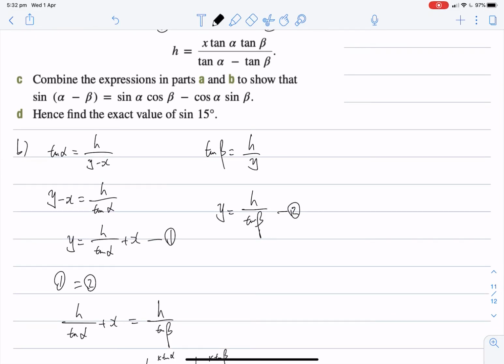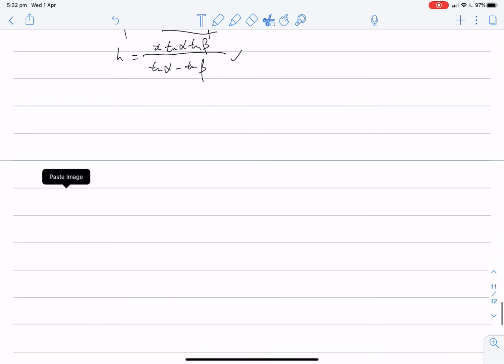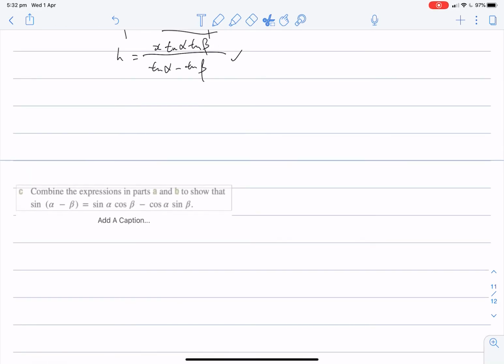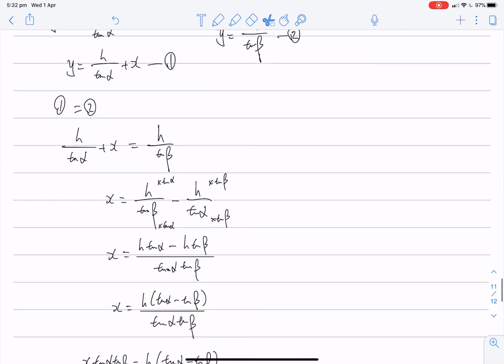Combine. Okay, I'm going to copy this bit down. So next bit, I'm going to do it here. Combine those two to prove this. Okay, so we've got two equations here.